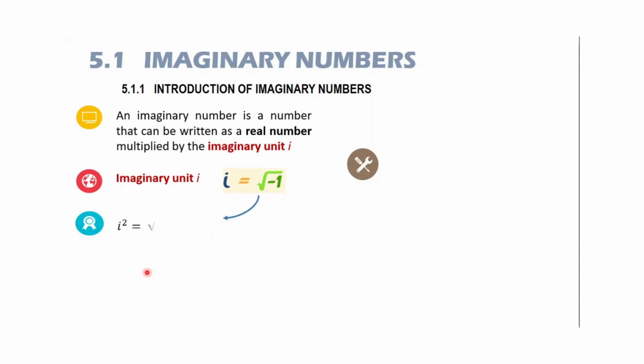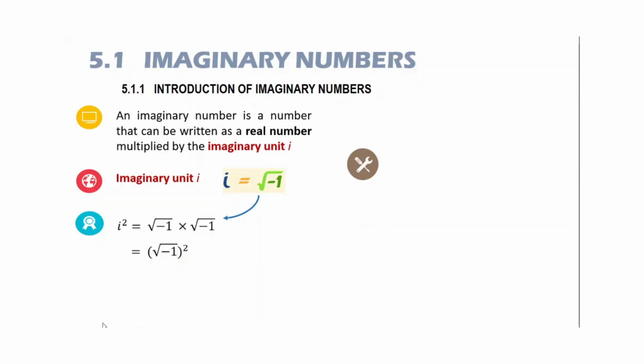Okay, kita tengok dengan lebih detail lagi. i bila dikuasa 2 menjadi i kuasa 2, iaitu i darab dengan i, iaitu punca kuasa negatif 1 darab dengan punca kuasa negatif 1. Sama dengan punca kuasa negatif 1 kuasa 2.